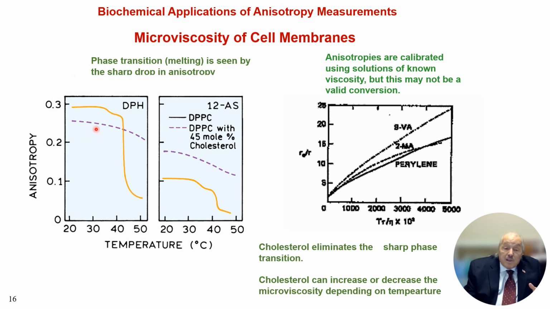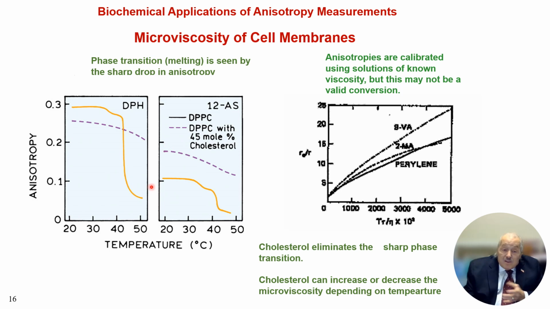But if you have completely pure membranes, we have dipalmitoyl phosphatidylcholine here, has a transition temperature around 39 degrees, and it's just amazing when you're doing your measurements. The anisotropy just plummets when you go through the phase transition point, just like melting an ice cube. If you put cholesterol in there when you're making the vesicles, that smears out the phase transition.